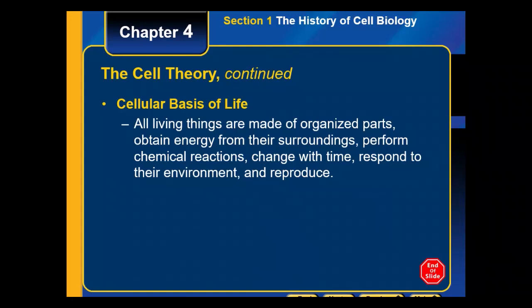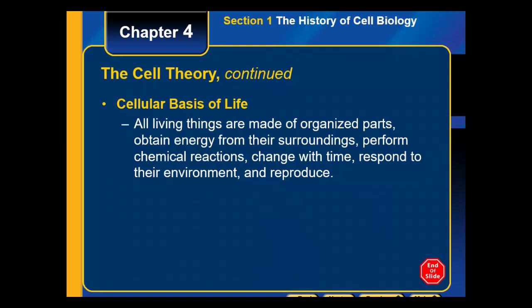These reactions include nutrient uptake, energy conversion, waste elimination, and synthesis of biological molecules. Change. Living organisms exhibit changes over time, including growth, development, and aging. Cells undergo division and differentiation, contributing to the overall changes observed in an organism throughout its life cycle.